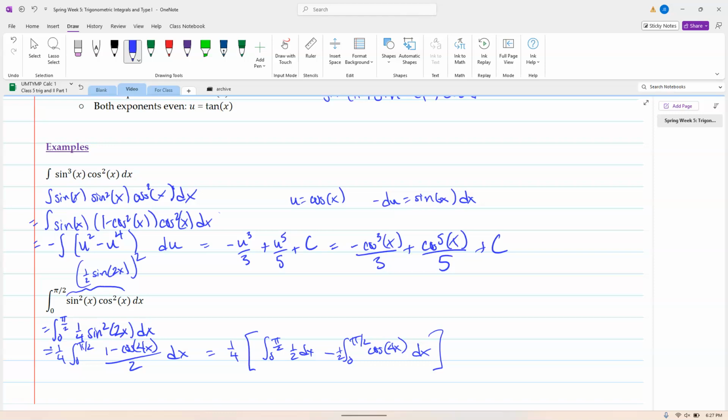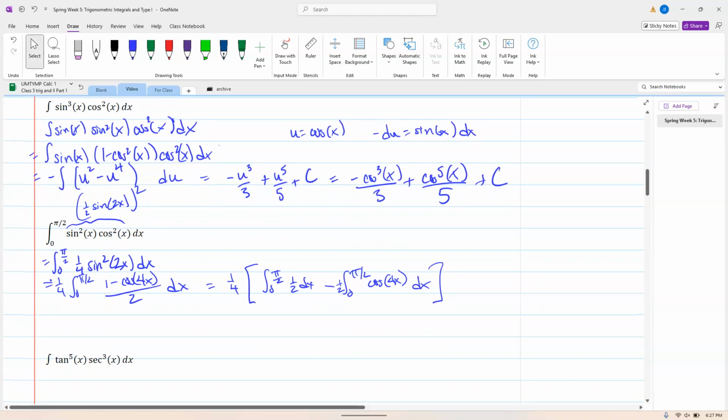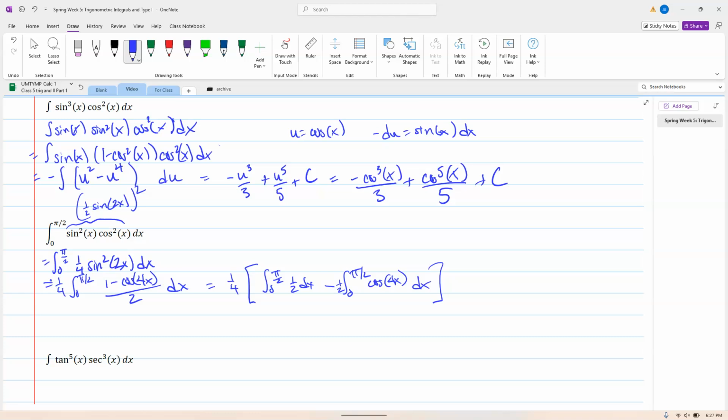And if I do this, the first piece is going to give me, I'm going to let you do the integration here, x over 2, and then 1/2 of that would give us x over 4, I'm sorry. And then times 1/4 ends up giving us pi over 16.